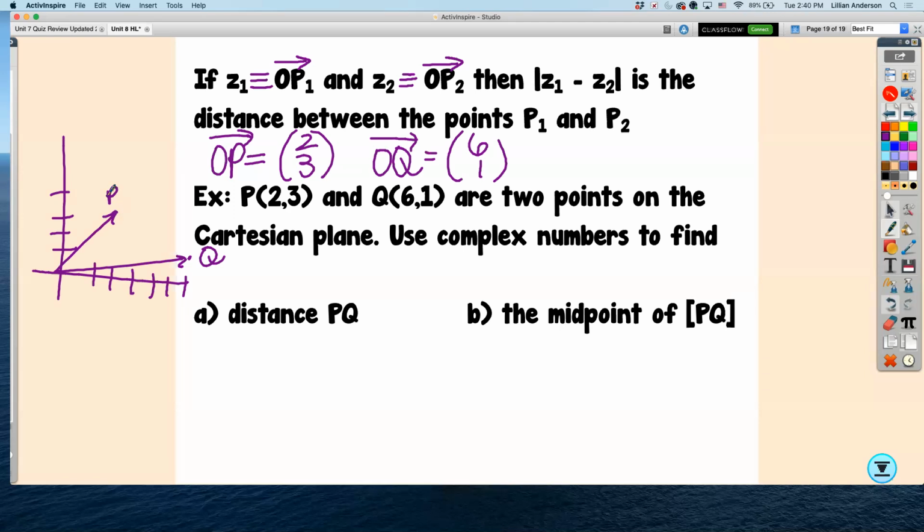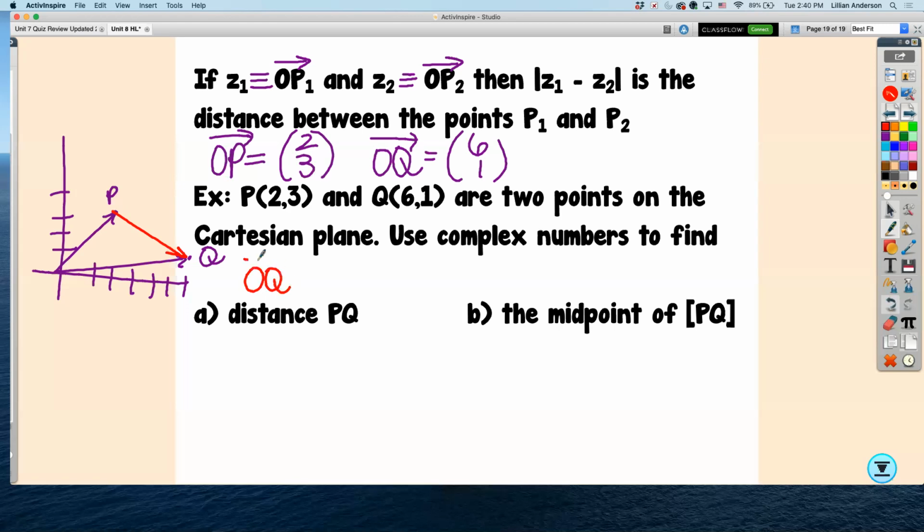So to find the distance between the two, we essentially need this right here. We need that complex number that represents that situation. How do I find that complex number? Or in other words, how do I find that vector? Y'all remember how to do this? OQ minus OP. It'll be OQ minus OP.